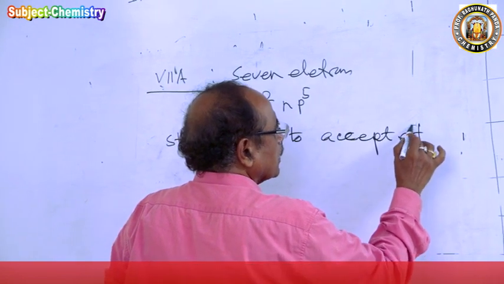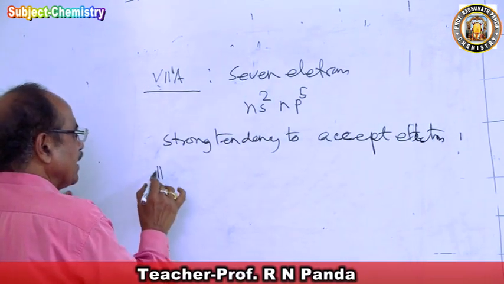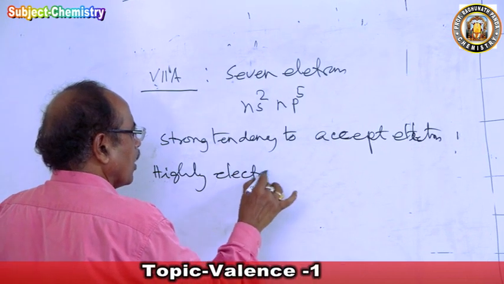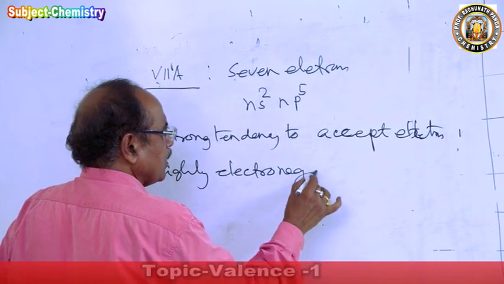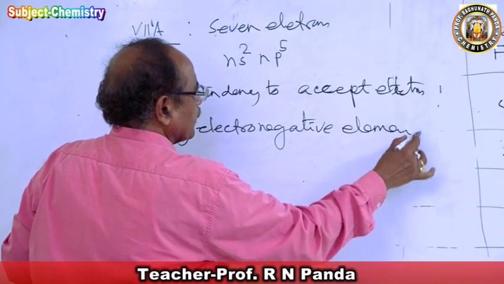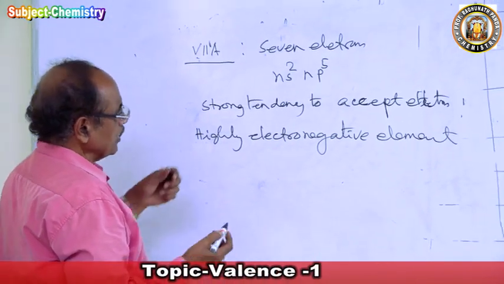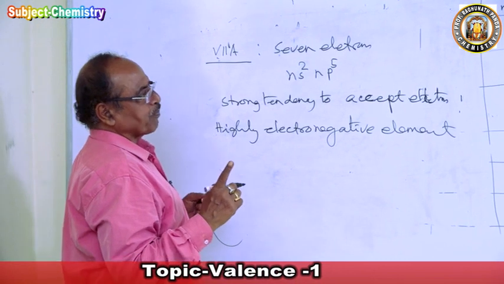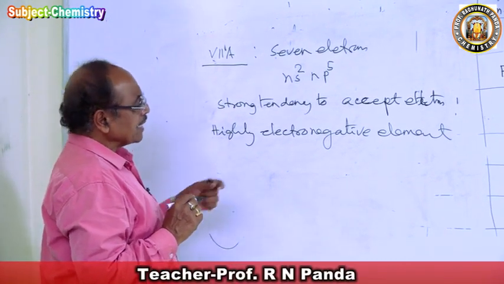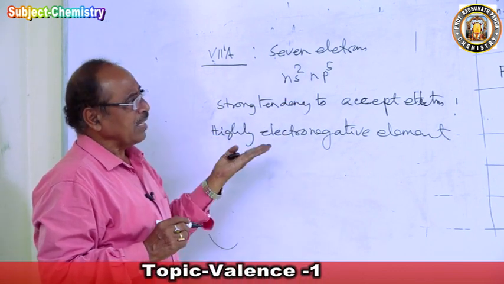Hence all these elements are highly electronegative elements. They have a strong tendency to exhibit negative valency. So all these elements have valency 1; they are monovalent. They are highly electronegative elements because they have a tendency to accept an electron to attain octet.